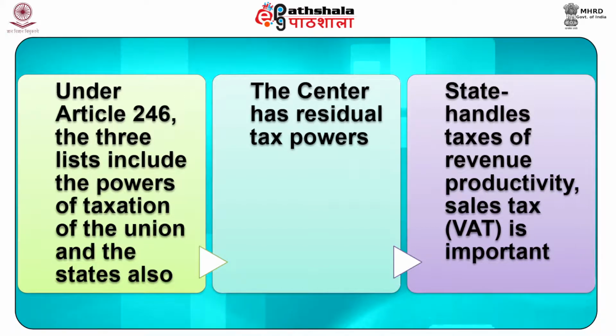A number of tax handles have been assigned to the states as well, but from the viewpoint of revenue productivity, only the sales tax, known as VAT, is very important. The Constitution also recognizes that the states' tax powers are insufficient to meet their expenditure needs and therefore provides for the sharing of revenues from central taxes.